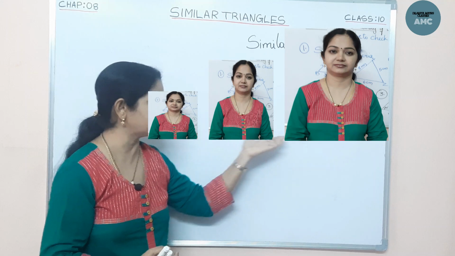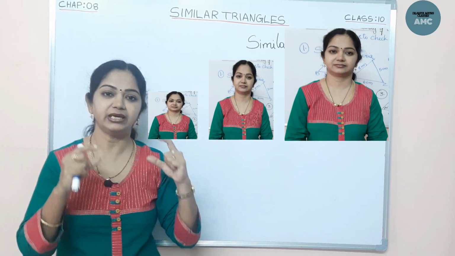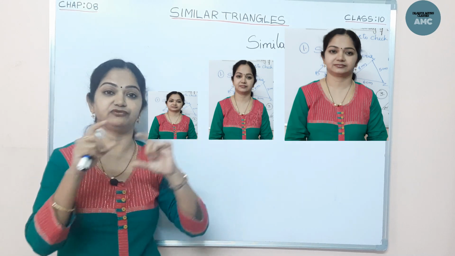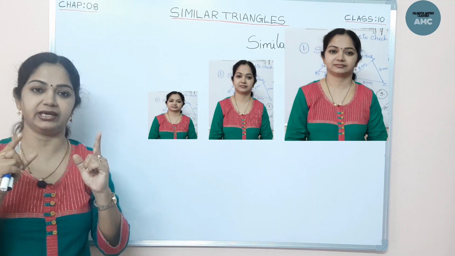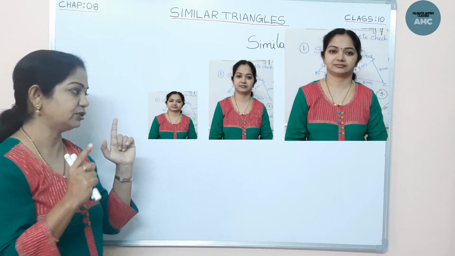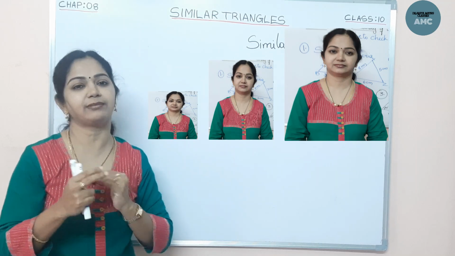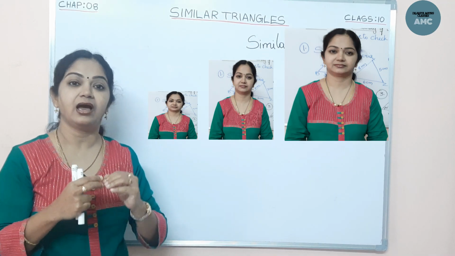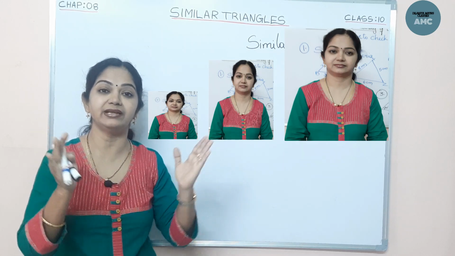So all these photographs, when the photographer is taking the photos, he will not take all these three differently. He will take with only one film. He will take the photograph using a film, probably 16:9 or some ratio. Then whichever size we want, he will be enlarging it or diminishing it.